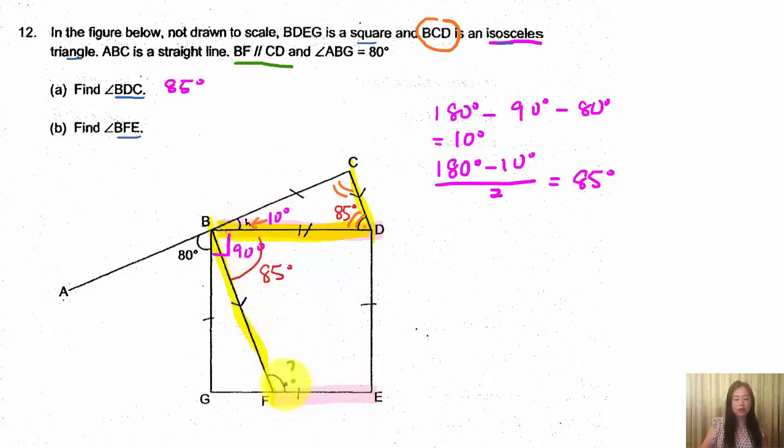So these two angles form 180 degrees because these are interior angles. 180 degrees minus 85 degrees is equal to 95 degrees. And we have found our answer for B.